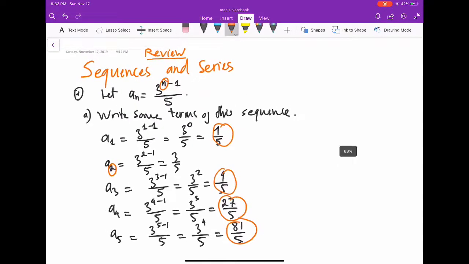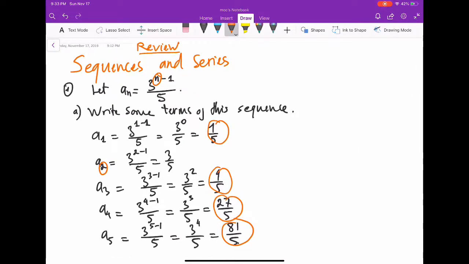I would like to remind you that for each sequence, we can find a corresponding function. For example, in this case, instead of n, you write x, and you get the function f(x) for this sequence, that is 3^(x-1) over 5.